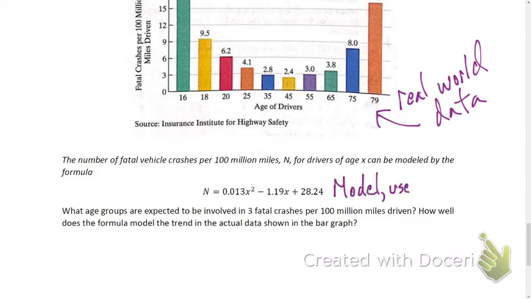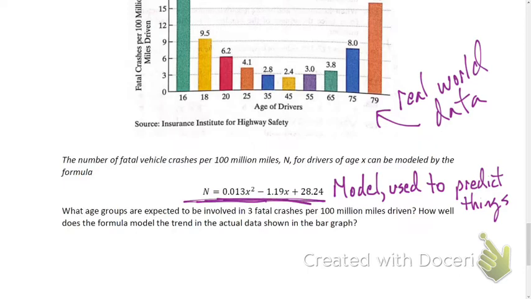It's used to predict things. So some statistician in the government took all that real world data, they did some stats, and now we have this prediction formula right here. Think of this as a formula. And down here, they're saying if we have 3 crashes, I need to retype this thing and just call them crashes. That means n equals 3. What is x?